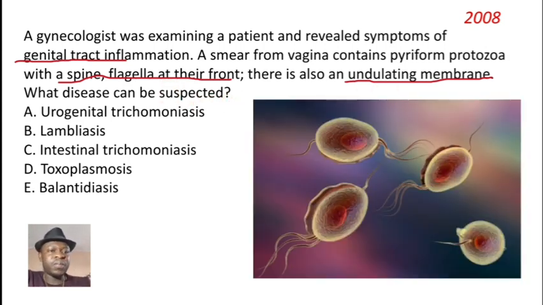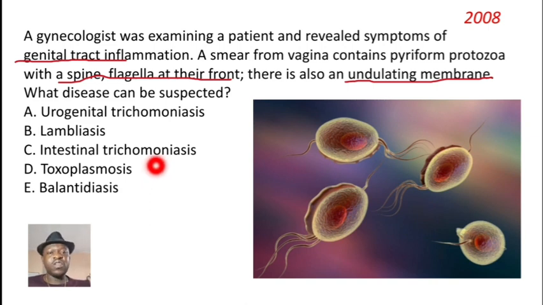It looked like this. Here you can see the undulating membrane, and you can see the flagella. So the answer is urogenital trichomoniasis. Lambliasis, I told you this answer is wrong. It's absolutely wrong. Lambliasis is associated with foul-smelling stools with a lot of fats.